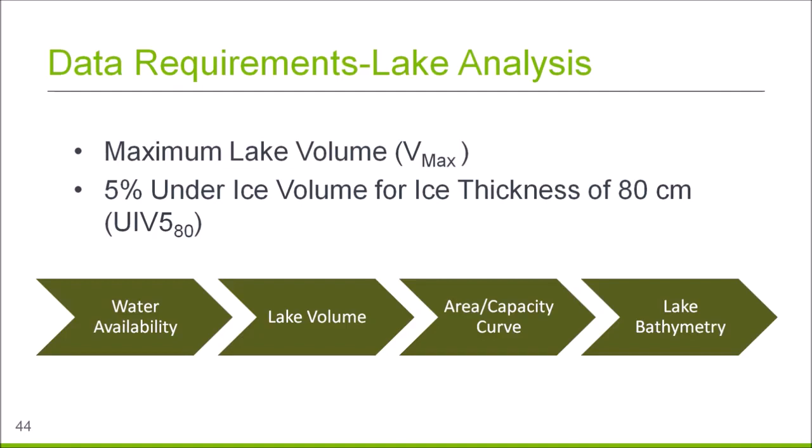We also need to consider that in winter time our lakes are sometimes frozen, the top layer. That means the volume is actually reduced in winter, because a huge portion of the lake water becomes ice, right? So we also have to find out the volume under ice for that time.